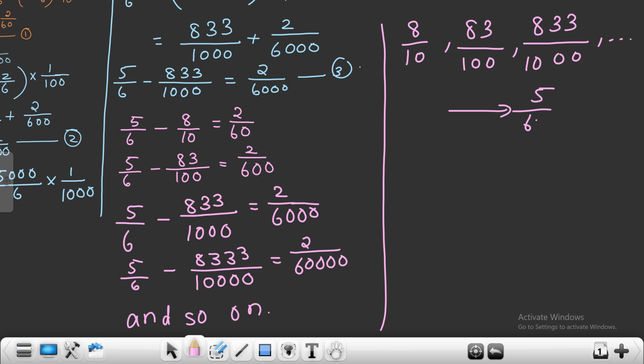Write the corresponding decimals of these fractions. 8 by 10 means 0.8, 0.83, 0.8333, etc. get closer and closer to 5 by 6.